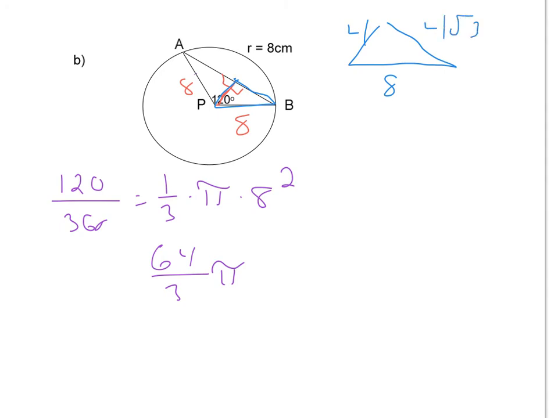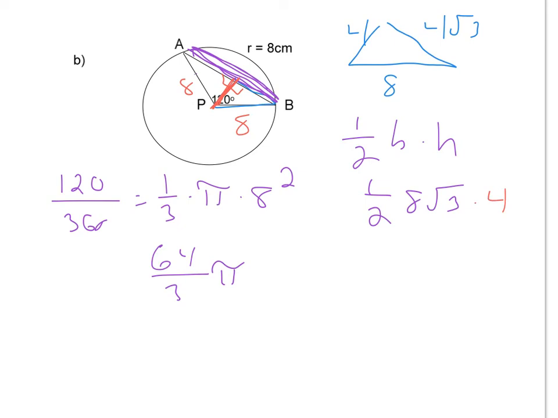So we can do this a bunch of ways, but let's consider this guy right here, my base. Well, that's 2 times 4 root 3, and my height is going to be 4. So I have 1/2 base times height. 1/2 is 1/2. My base, we just said, was 8 root 3, and my height, that's this guy right here, I'll do that in red, is 4.